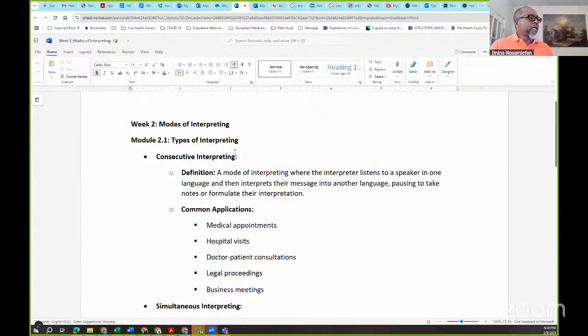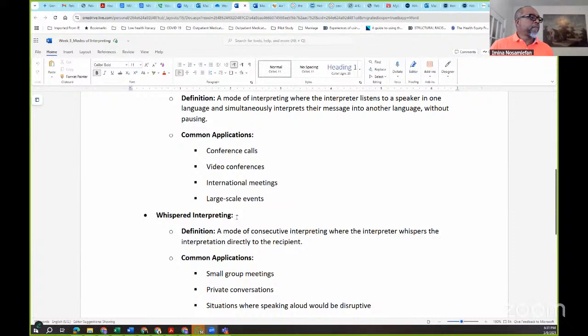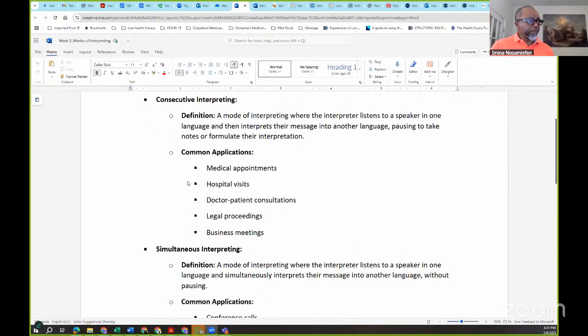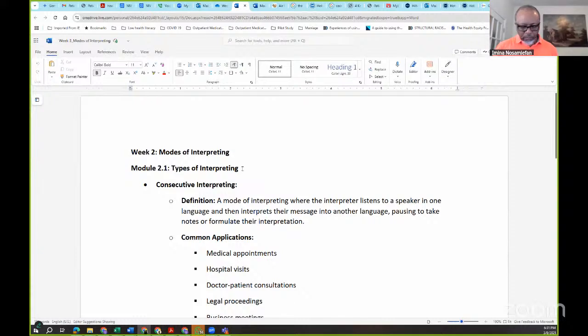And the four are, so you need to know these: consecutive interpreting, simultaneous interpreting, whispered interpreting, and sight translation. Okay, so once again, let me put them here. Consecutive.